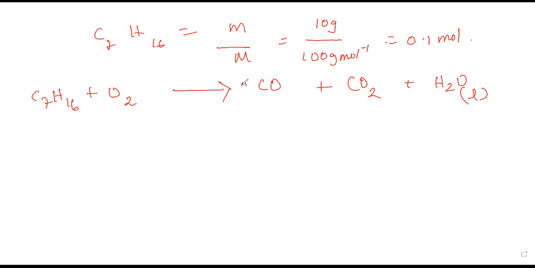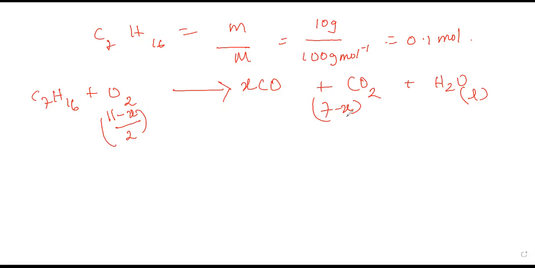As we said, this is X carbon monoxide, and carbon dioxide should be 7 minus X. And here the oxygen is 11 minus X divided by 2.